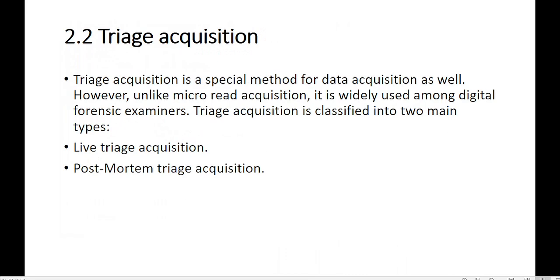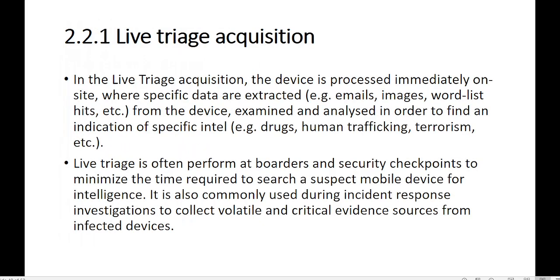Triage. I think we have looked at this because it's part of acquisition. We have seen why live triage acquisition is very, very important, and I mentioned that here is where you extract live data. Live data is when the phone is still on, and it is used when you want to apprehend people carrying out activities such as drug trafficking, human trafficking.